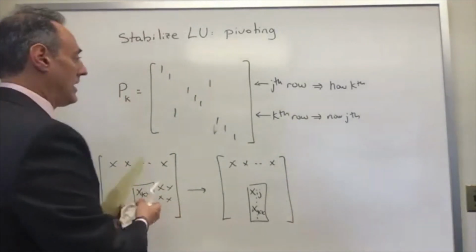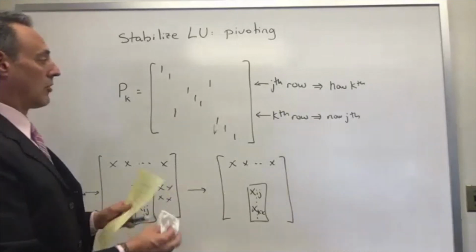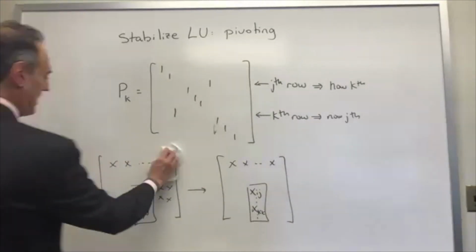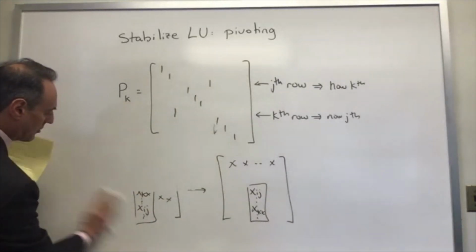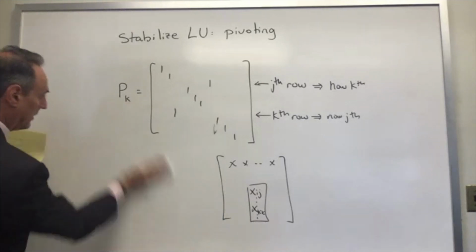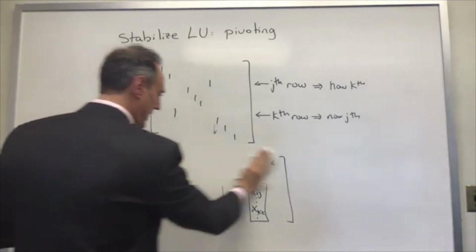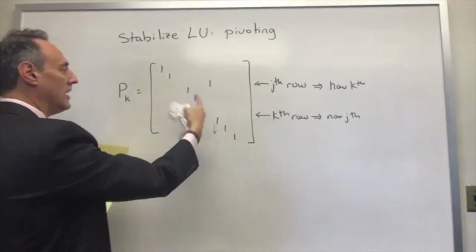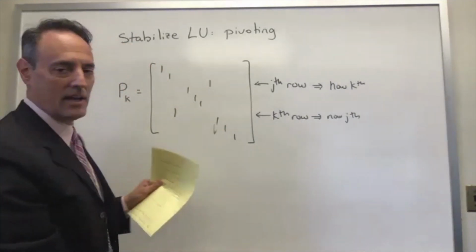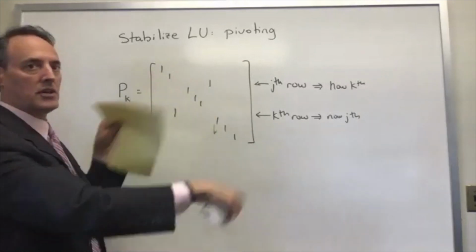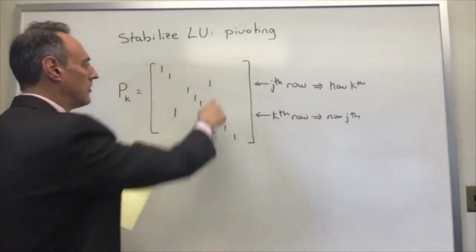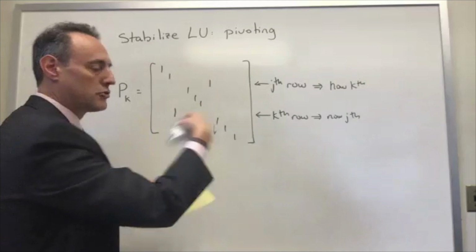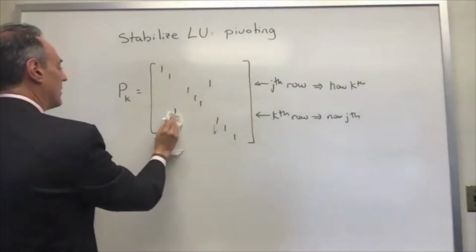All right, so let me write down our modified algorithm then. And the nice thing again is these P of Ks are really easy to build. They're just permutations of identity. If you convince yourself, you multiply that by any vector and it'll switch the two components that you've switched here in the vector, which is exactly what we want.